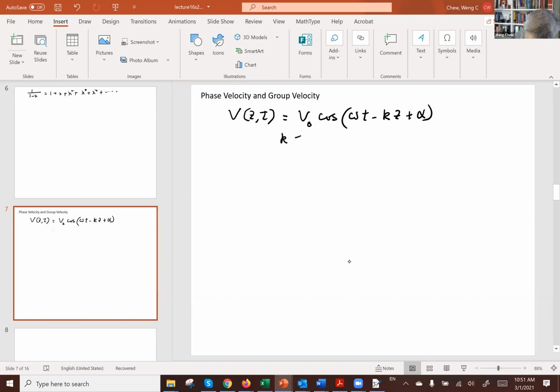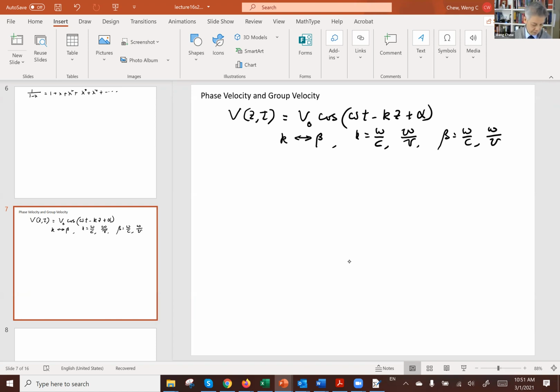And k and beta are interchangeable in this course. Sometimes we use k, sometimes we use beta, because beta is used in microwave and k is used in optics, and k is omega over c in optics. For a particular medium, it's just omega over v, for instance. Beta is also omega over c or omega over v. Okay, in microwave, they are the same thing.